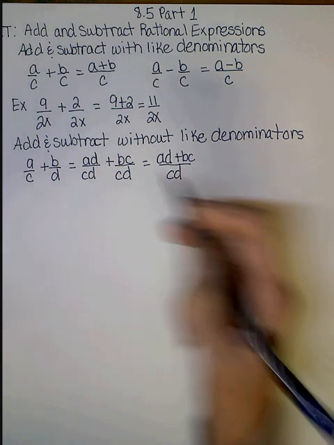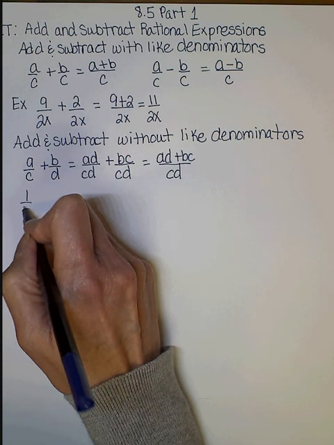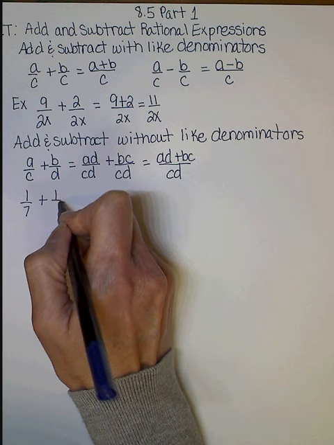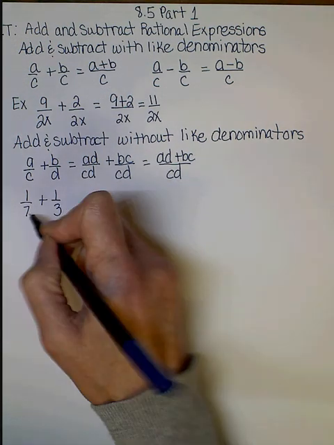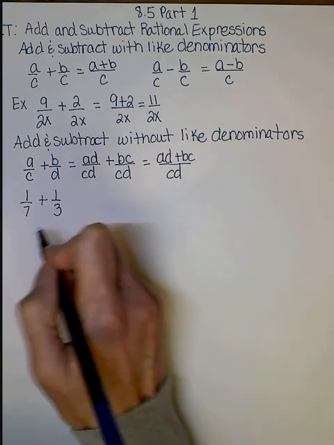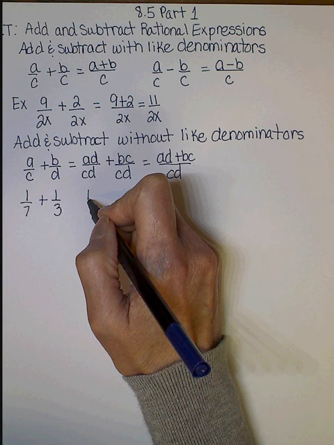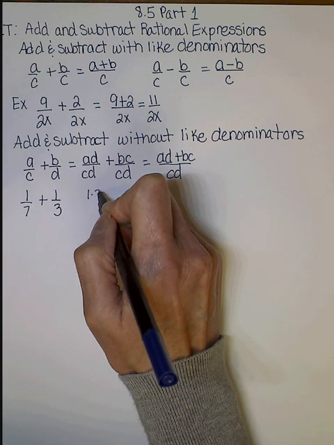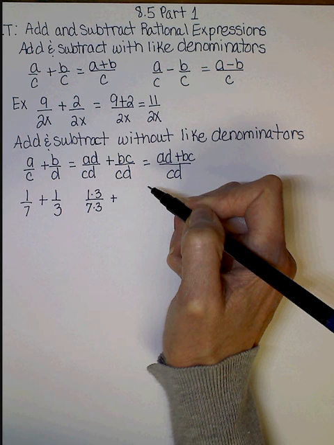Okay, so let's just look at an example of some simple fractions, just to remind us how to do this process. Alright, so the common denominator with 7 and 3 would be 21. So what I need to do is multiply the 1 times 3 and the 7 times 3.